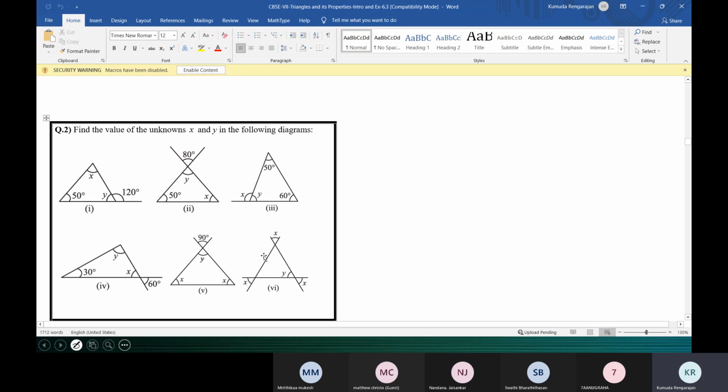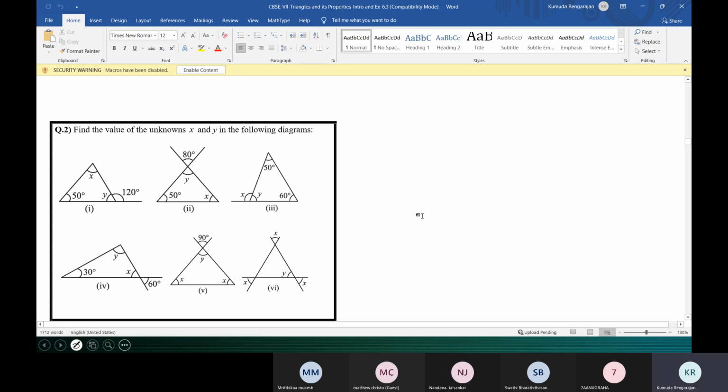So next step, x plus x only, because x is equal to y. x and y are equal, so x plus x plus x is equal to 180.